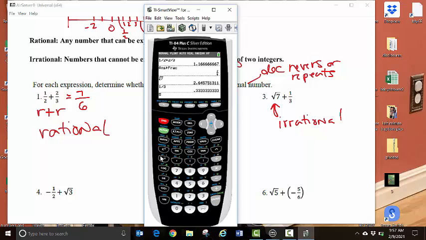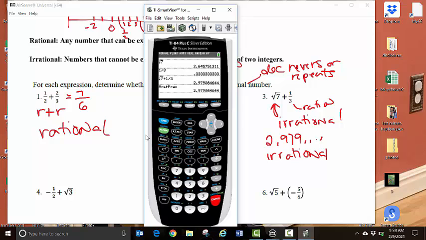If you were to add the two of them, plus 1 divided by 3, that decimal doesn't ever end. It ends only because it runs out of calculator space. Let's see if I can turn it into a fraction. It doesn't turn into a fraction, so the two of them together, 2.979..., is irrational.